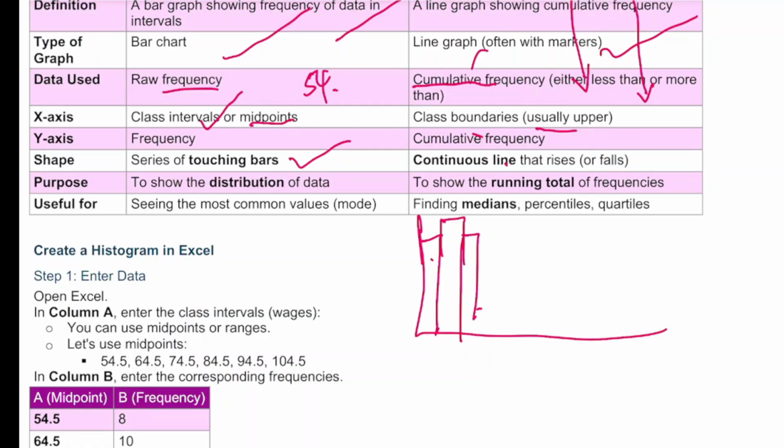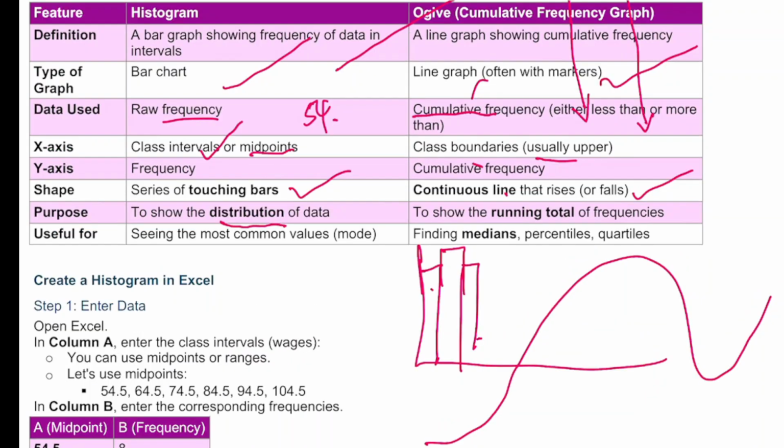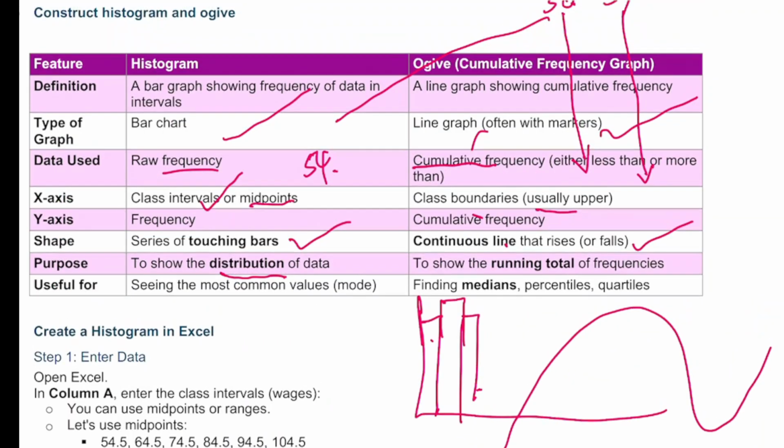Here, a continuous line that falls this way or goes up, depending on how the data is. Purpose: for a histogram, the purpose is to show distribution of data. For OGIF, to show the running total of frequencies.